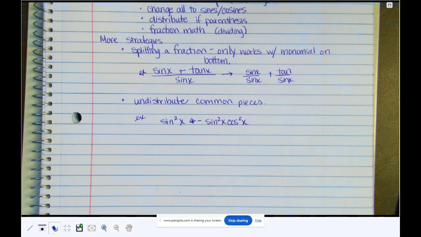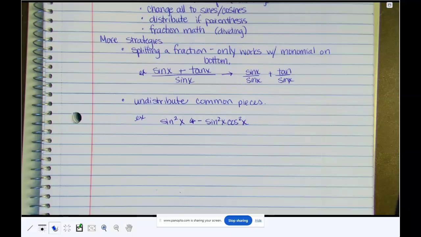If you saw this in a proof, everything is already in terms of sines and cosines, so that strategy isn't going to help. By the way, that's almost always the first thing I look at: can I put everything in terms of sines and cosines, and will it help? This time it's already there, so you can't really do anything with it.